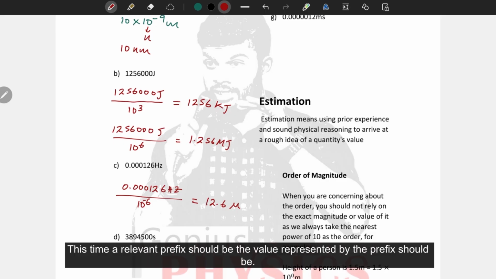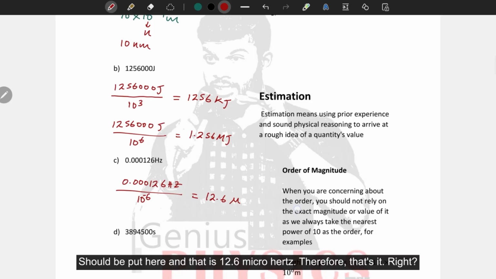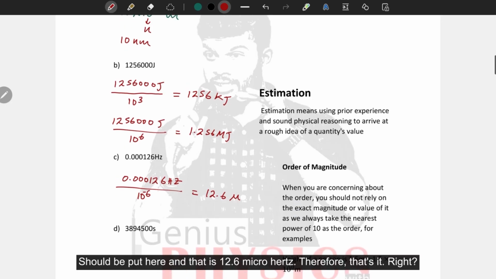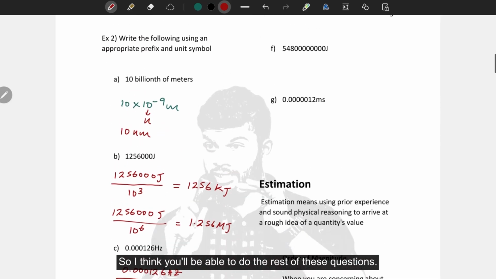The value represented by the prefix should be put here, and that is 12.6 microhertz. That's it. I think you'll be able to do the rest of these questions.